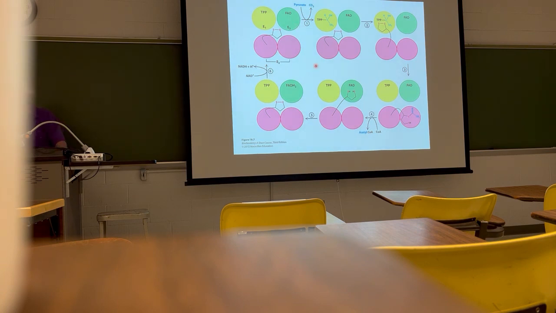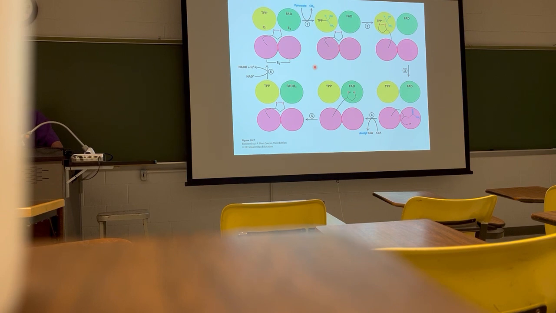So this is a diagram of this pathway that we will go over again, looking at this. So here's the complex. It has enzyme 1, which is the pyruvate dehydrogenase, enzyme 2, and enzyme 3. And enzyme 2 has this lipoyl group attached.